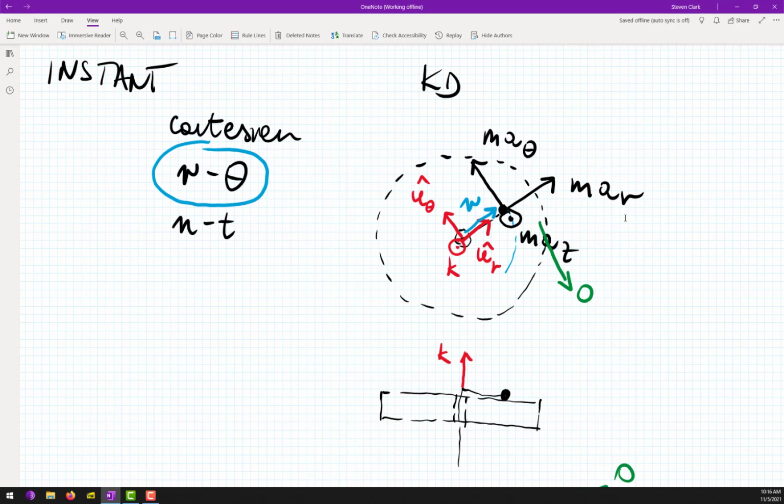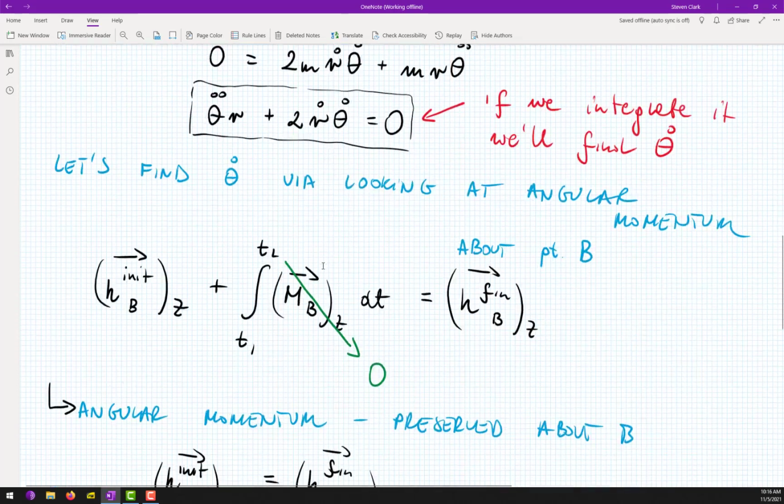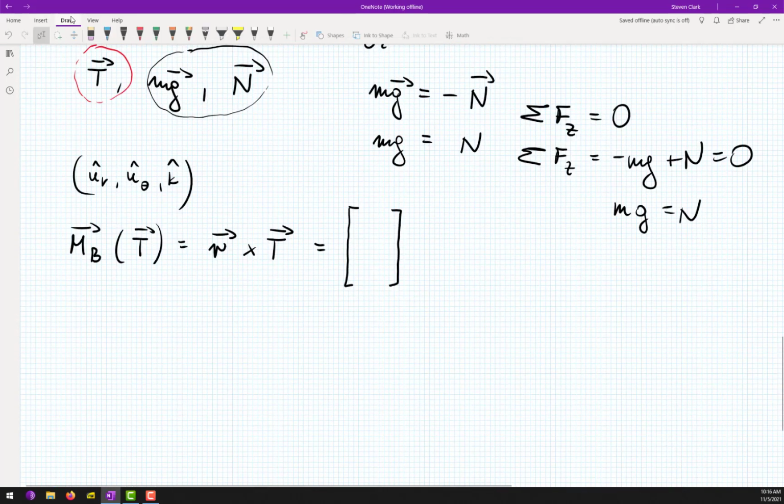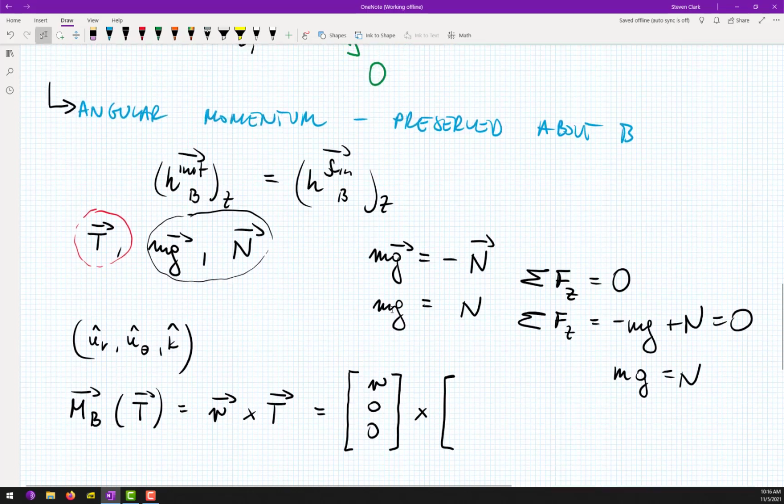R U_R, so R, 0, 0, exactly, yes. So it's R, 0, 0, and now let's cross it with T expressed in the same coordinate system.